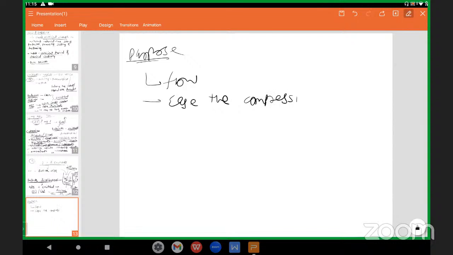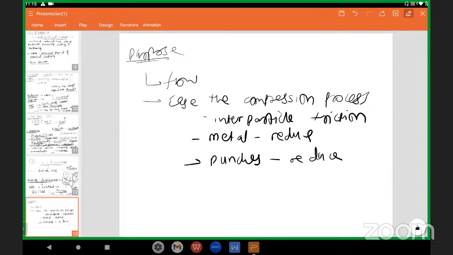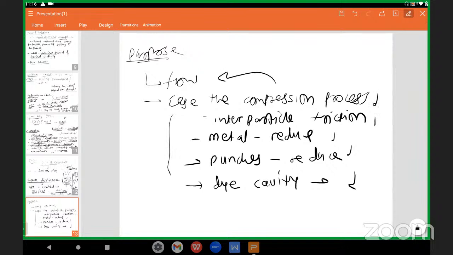Right, compression process को aid कैसे करोगे? इंटर पार्टिकल फ्रिक्शन है, सपोज इंटर पार्टिकल फ्रिक्शन को रिड्यूस करो, आपका मेटल के साथ फ्रिक्शन हो रहा है, इसको भी रिड्यूस करो। आपके कंप्रेशन पंचेस के साथ हो रहा है फ्रिक्शन, reduce that friction also. योर टैबलेट इज शोइंग द फ्रिक्शन और अटैचमेंट टू द डाई कैविटी, तो उसको भी रिड्यूस करो। तो ये काफी सारे पर्पसेस आपको एक ही जगह पे ले जाते हैं, दैट इज टू इम्प्रूव द फ्लो प्रॉपर्टी एंड टू इम्प्रूव द कंप्रेशन प्रोसेस। ओके, सो दिस इज द पर्पस for using the lubricants or antiadherents or the glidants.